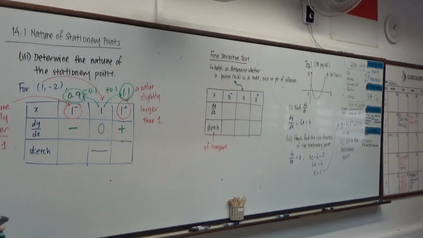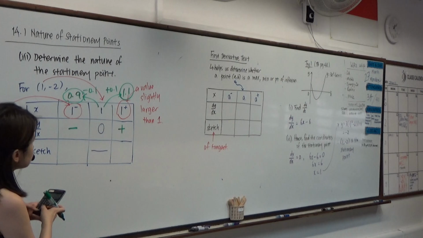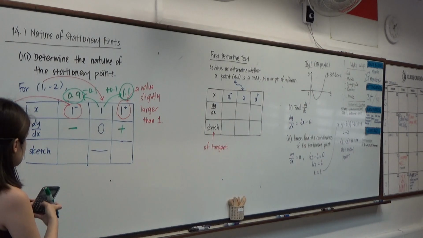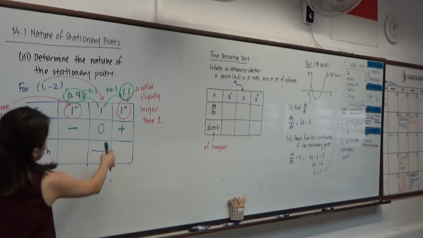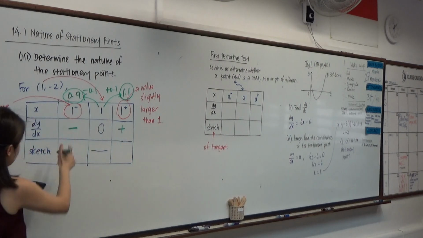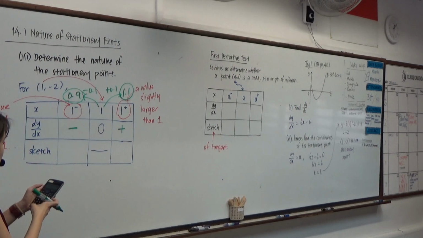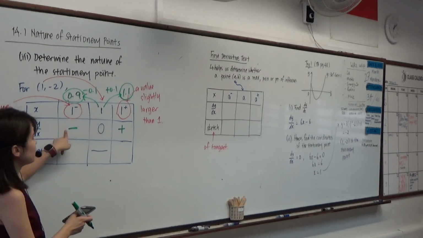By the way, in case your calculator is still on step mode, remember to change the mode, yeah? So you get 3 over 5, 0.6 over here, whereas the other one, you will get negative 3 over 5.